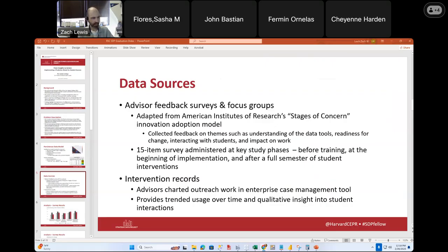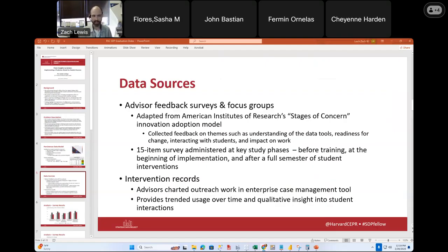The survey that we developed contained 15 different questions, and we adapted it from the American Institutes for Research's Stages of Concern, Innovation, Adoption model, which is a framework they have published on their website to help understand the effectiveness of a change management approach similar to the one we are engaged in. It helped us collect feedback on a few different themes, which we'll review together over the next couple of slides.